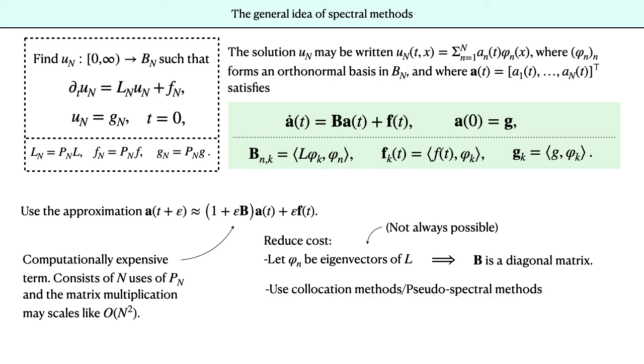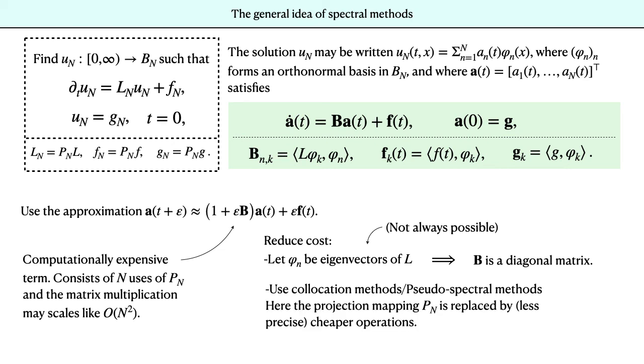You can also use what's called pseudo-spectral methods to dampen the cost of this B term. So pseudo-spectral methods are a way to reduce the cost of the orthogonal mapping Pn.